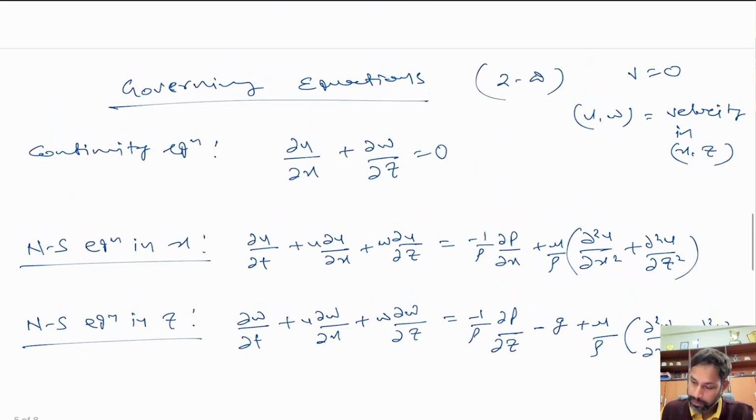Okay, so these are the complete set of equations we have for solving this particular problem, given that the problem is two-dimensional and we have velocities u and w in the x and z directions.